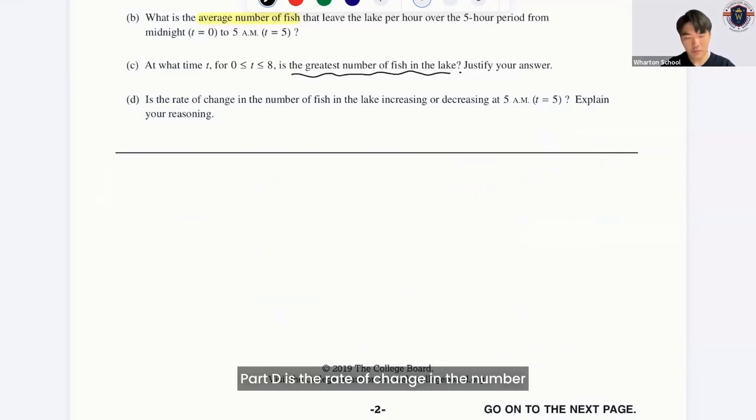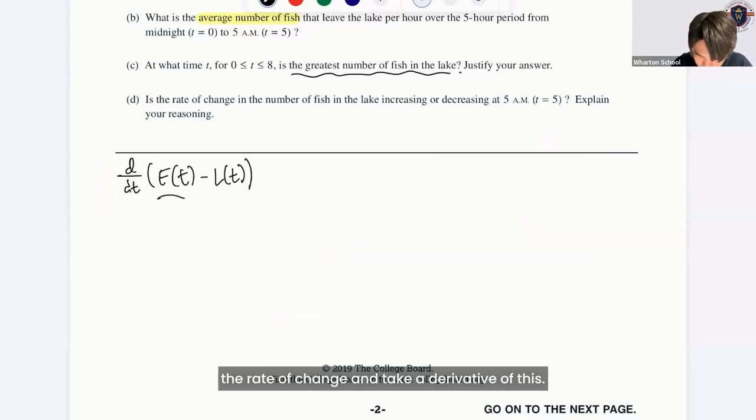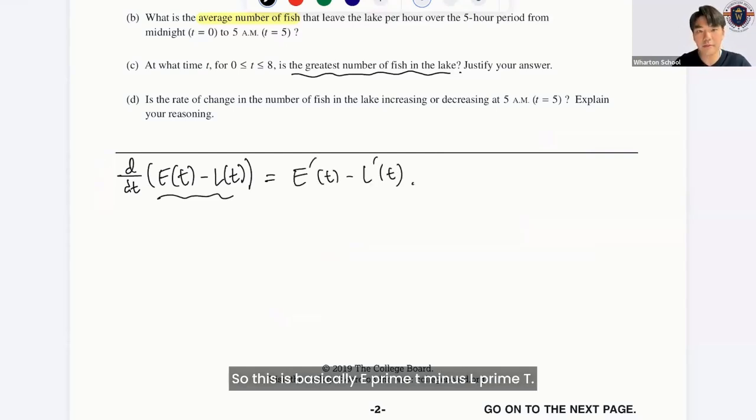Part D asks: is the rate of change in the number of fish in the lake increasing or decreasing at t = 5? So we have to find the exact value at t equals 5, and we can take a derivative. We bring this equation back: E(t) minus L(t), which is the rate of change, and take a derivative of this. So this is basically E prime(t) minus L prime(t).